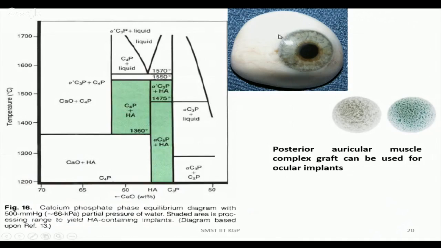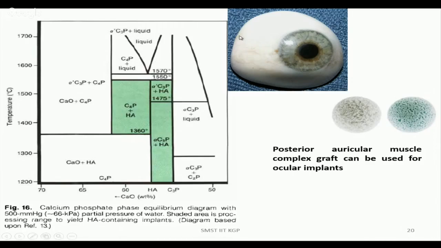One of the important applications of hydroxyapatite is ocular implants. Because of some problem, a person may lose their cornea. In that case, just to improve the appearance for cosmetic reasons, they take a porous hydroxyapatite ball, and on top of that they simply paint, matching the other cornea.